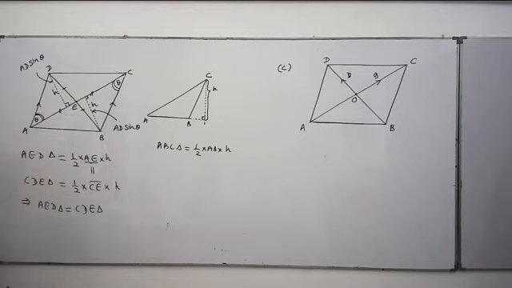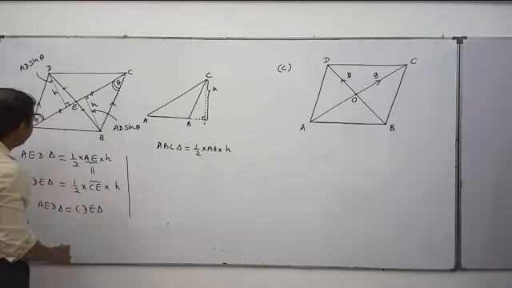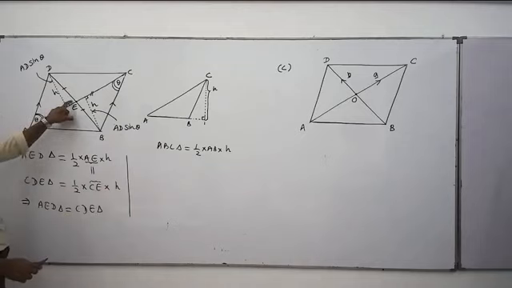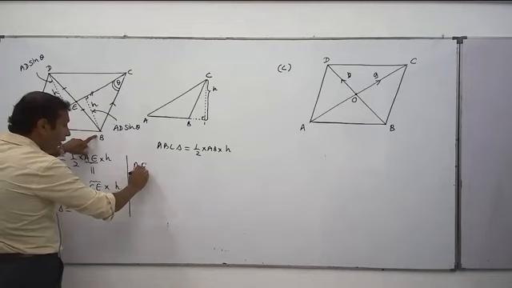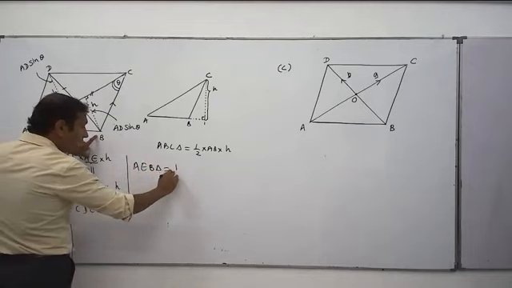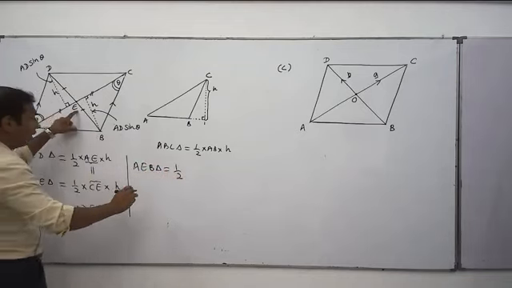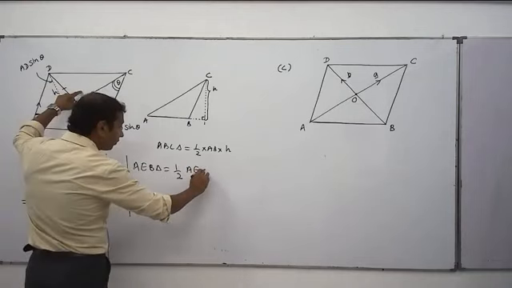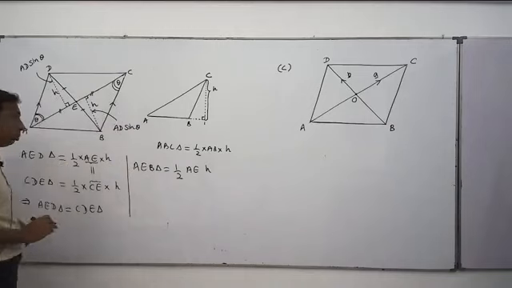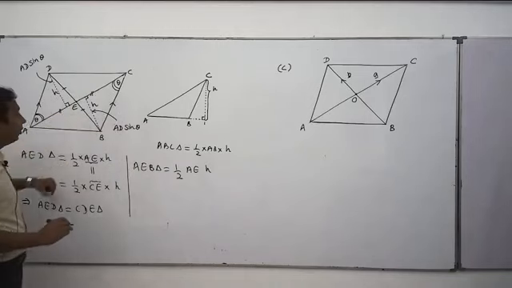Right. Now I can write what, people? AEB area. What is that? AEB area is half, base is AE, perpendicular height is H. Right. And next one, CBE area.